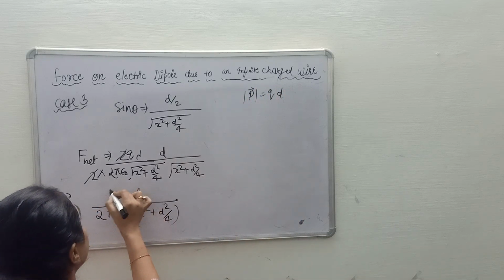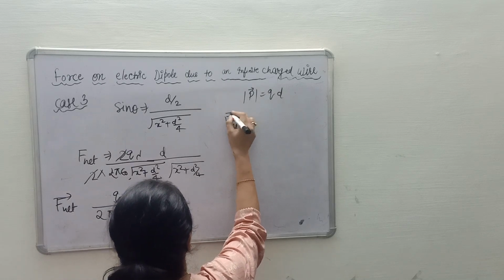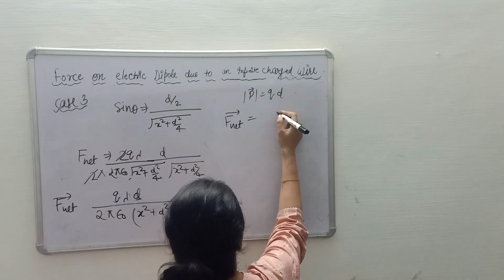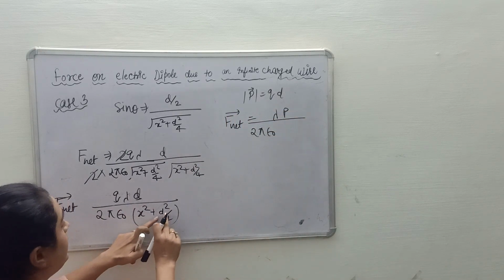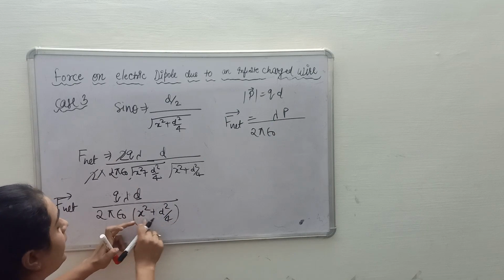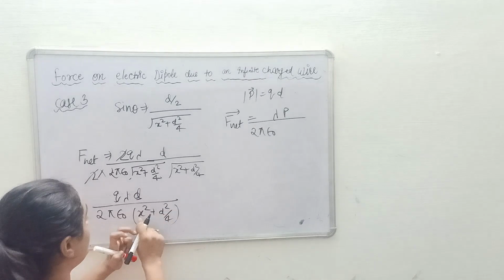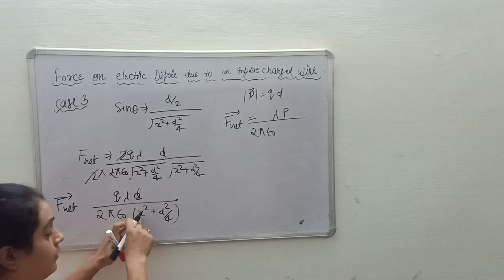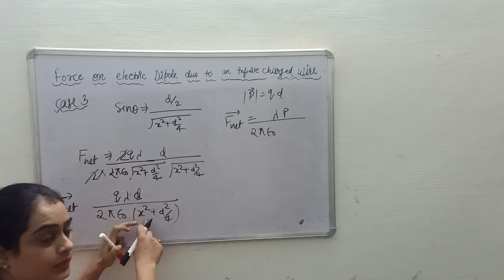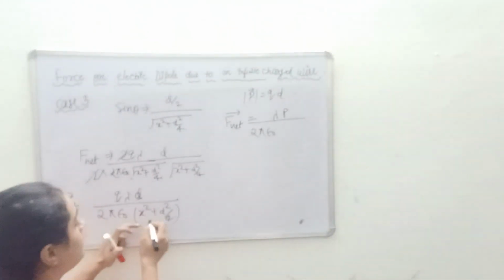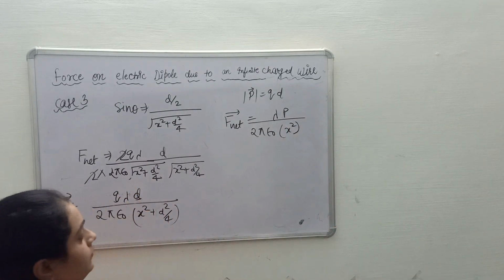So F net is now lambda P by 2 pi epsilon naught, and we neglect d square by 4 as compared to x square. Why? Because d is very small compared to the distance between the dipole and the wire, which is x, right? So d square by 4 is very small, and it is x square only.